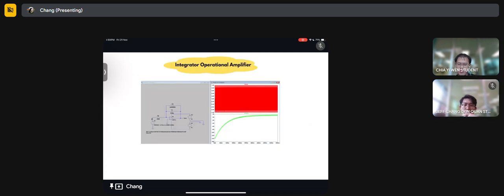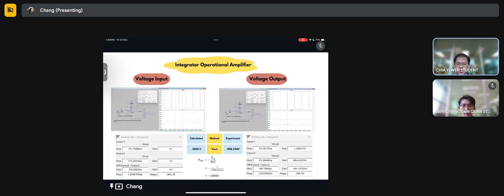Thank you, Jeff. Now I will continue with the integrator operational amplifier. This is the waveform of the integrator operational amplifier before zoom in. After zoom in, it looks like this. The output voltage is calculated using the formula, and we get negative 1000 watt.